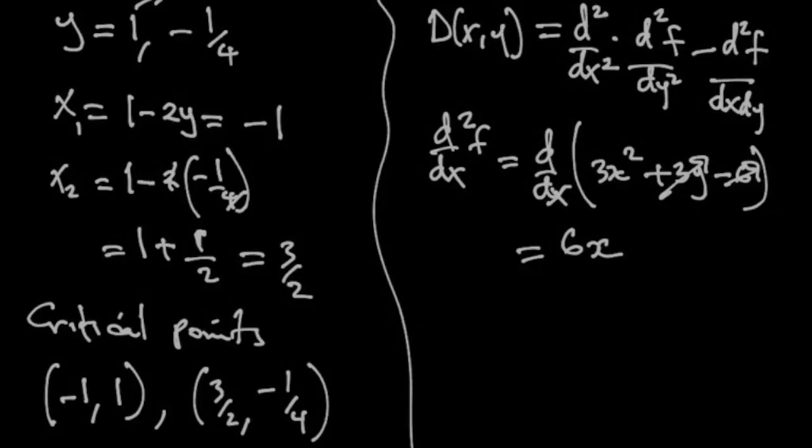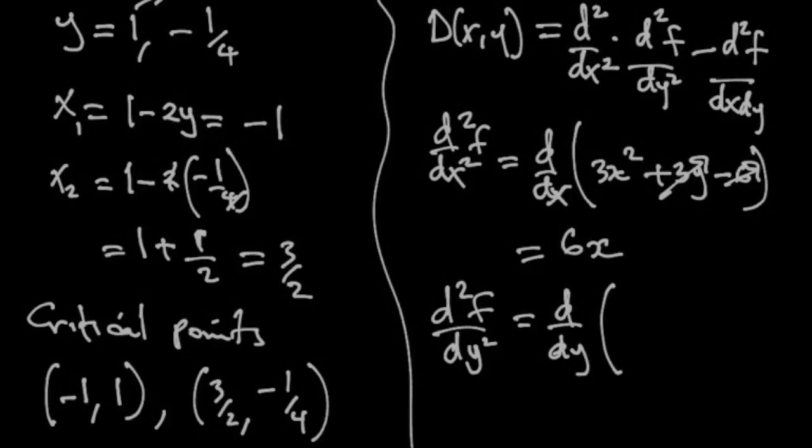So the first one is 6x. The other one is d squared f over dy squared, which is dy of what we got before, 3x plus 6y minus 3. If you differentiate that with respect to y, you get 6.